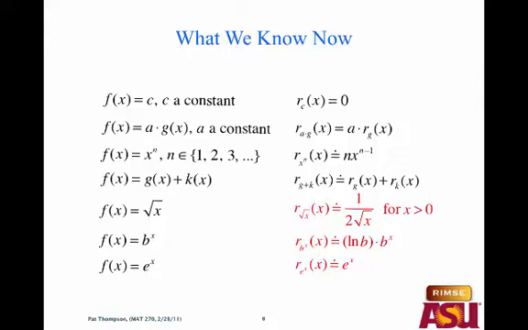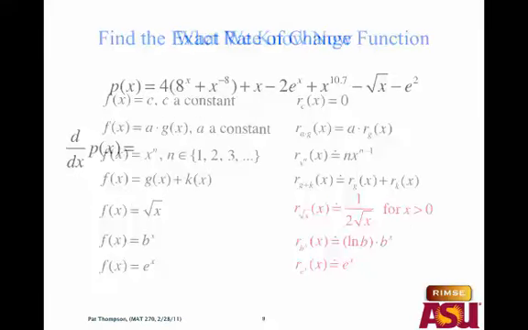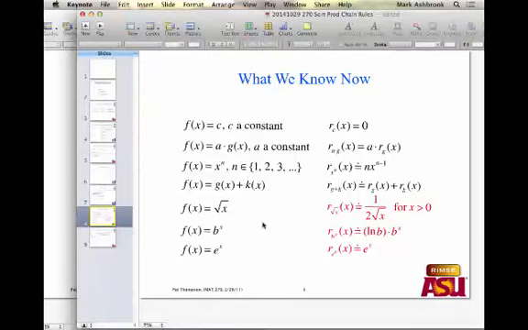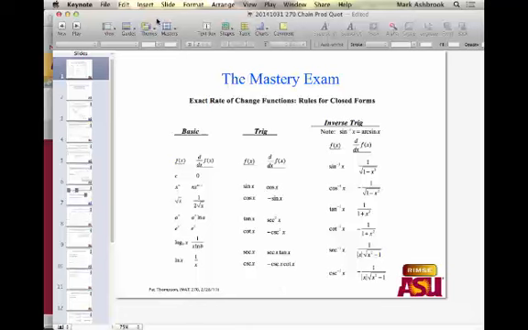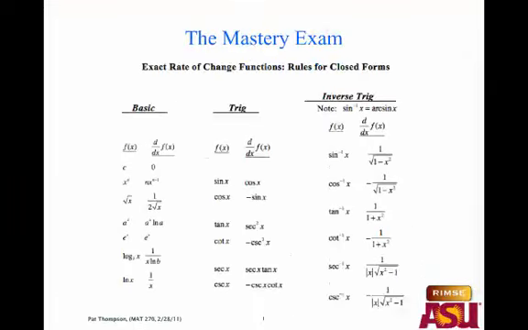Okay, and there are many more that we're not going to talk about individually and derive. So here are all the single rules. Some of these we know, and some of them we don't.